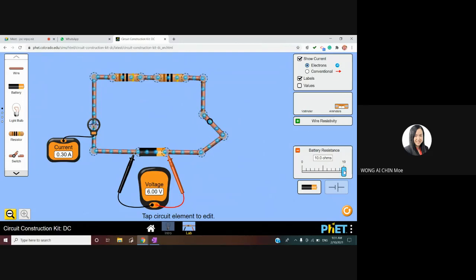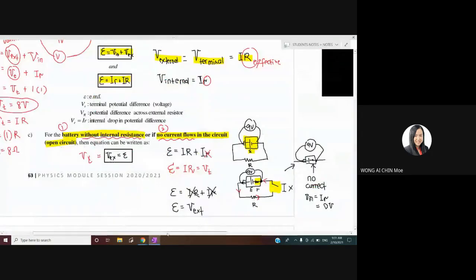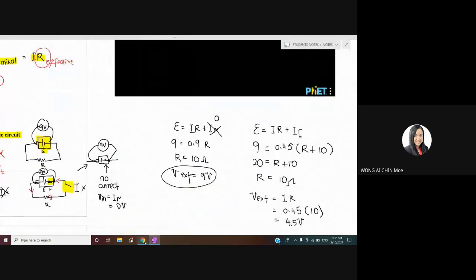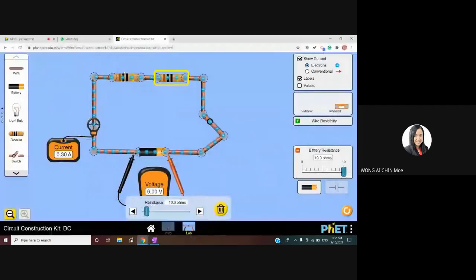Usually the internal resistor is not greater, very small only. Without this resistor, with only 1 resistor, it is like our light bulb. Or I change to a light bulb so you can see more clearly. I cancel off this one because I want to let you see the light bulb.